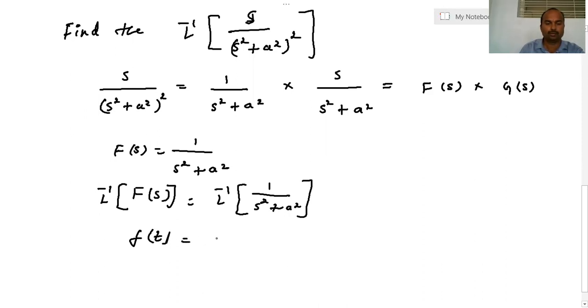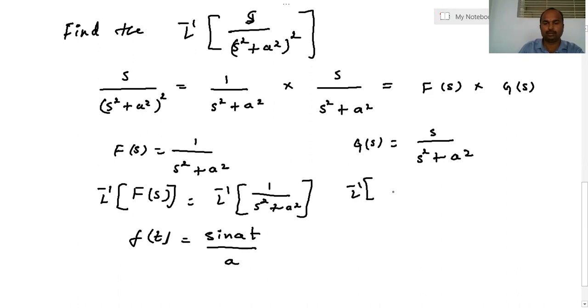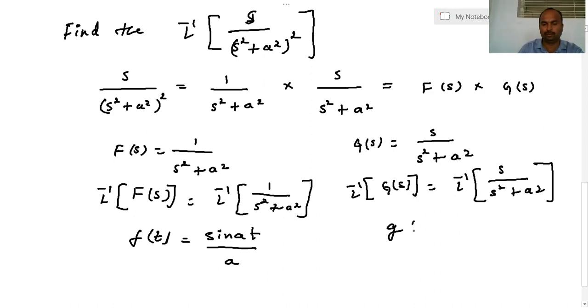Inverse of 1 by s square plus a square is sin at by a. This is f(t). And G(s) is s by s square plus a square. So its inverse is given by g(t) equals inverse Laplace transform of s by s square plus a square, which implies g(t) will be cos at.